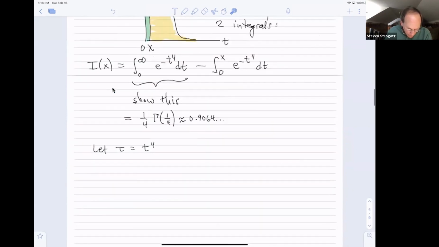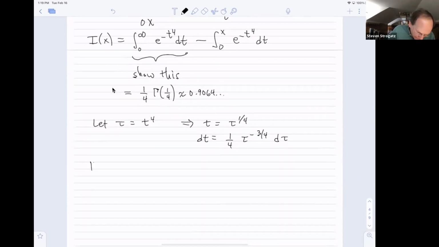All right, so I let tau equal t to the fourth, and then that means that t is going to be tau to the 1/4. So taking dt, we get 1/4 tau to the minus 3/4 d tau, just taking differentials of both sides. And so now I can replace everything in the integral above, this first one that we've been focusing on.